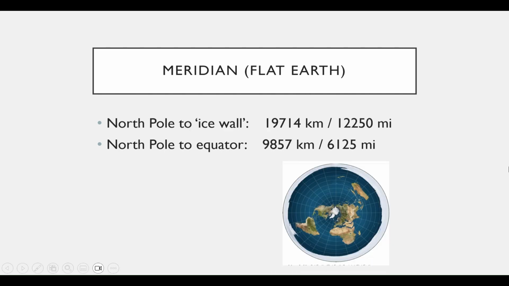So here's the meridian on the flat Earth. The North Pole to the ice wall would be the radius, 19,714 kilometers, or 12,250 miles. And the North Pole to the equator would be half of that, I assume, 9,857 kilometers, or 6,125 miles.